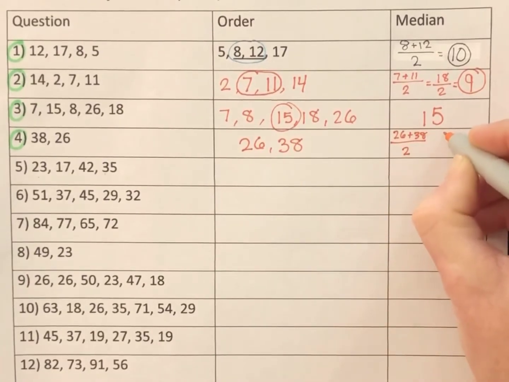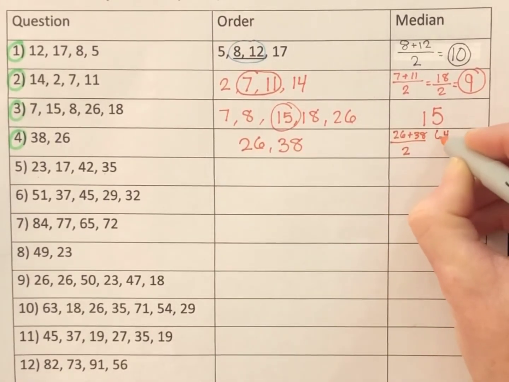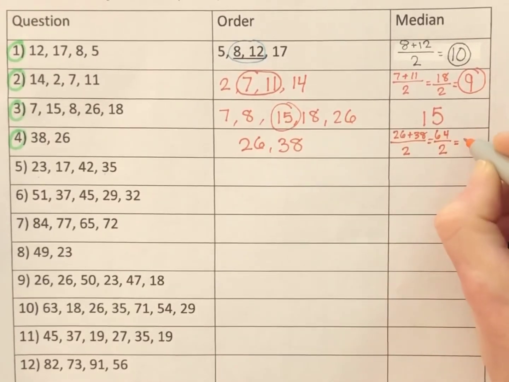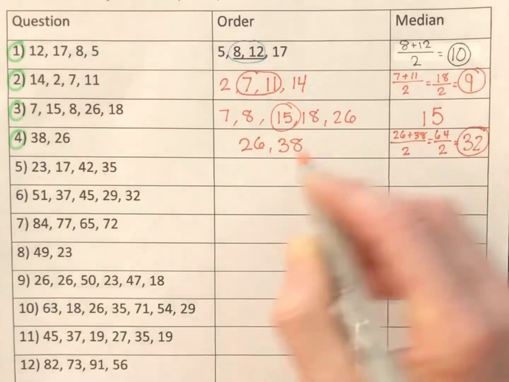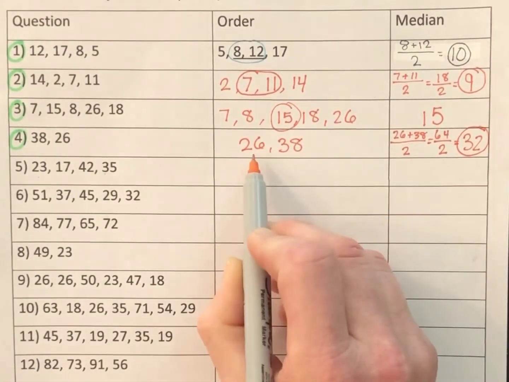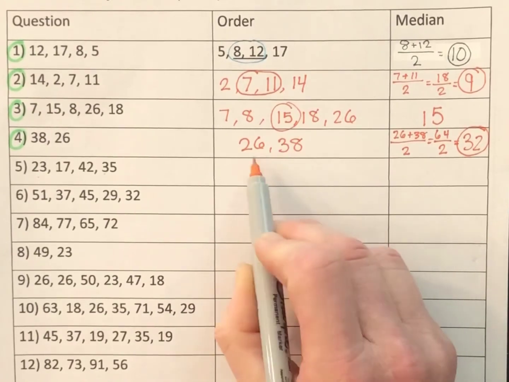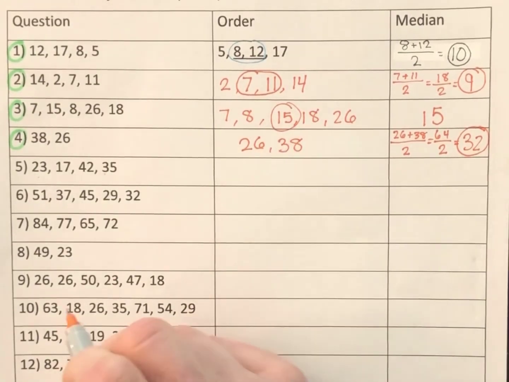Let's see, that would be 64. 64 divided by 2 would be 32. And as before, if I did a number line from 26 to 38, the number that would come exactly in the middle of those two numbers would be 32.